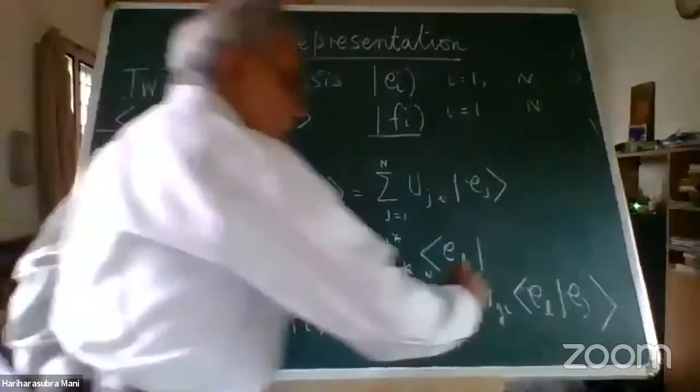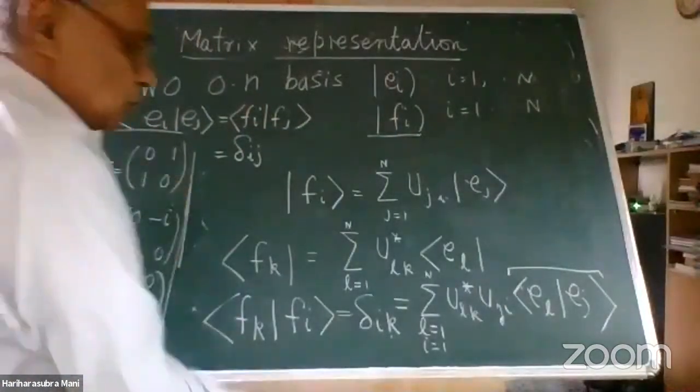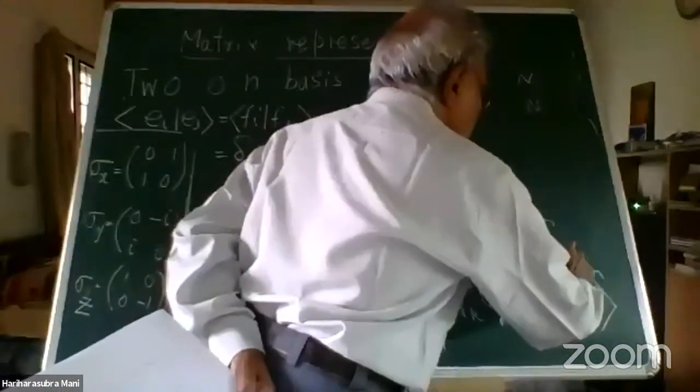What is this? This is an orthonormal set. So this is delta_Lj.